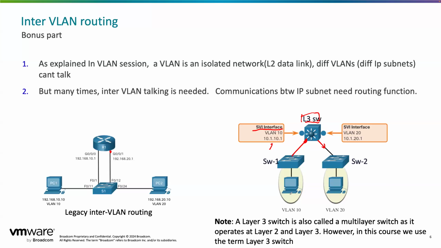So all of VLAN 10's devices trying to reach the default gateway reach the SVI interface. The same thing happens for VLAN 20. There's a separate SVI interface representing a specific VLAN from the layer 3 perspective. So that's a kind of supplement for inter-VLAN routing.